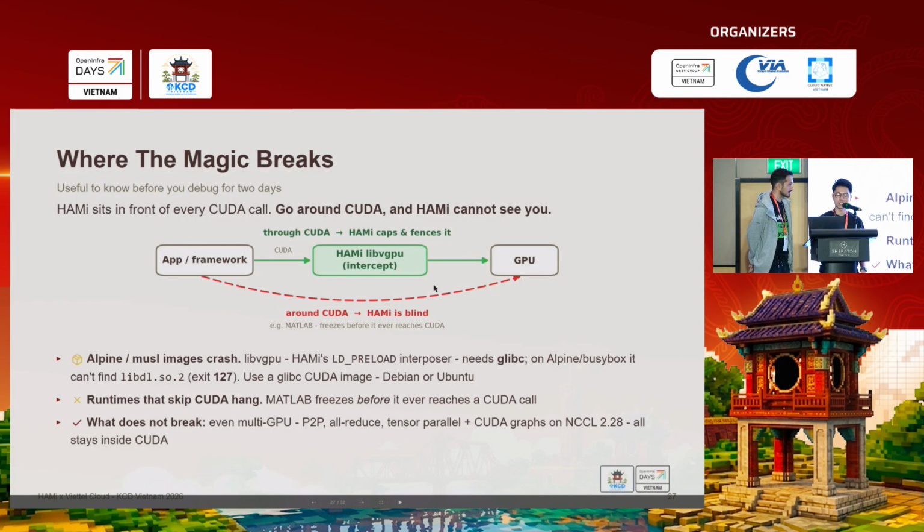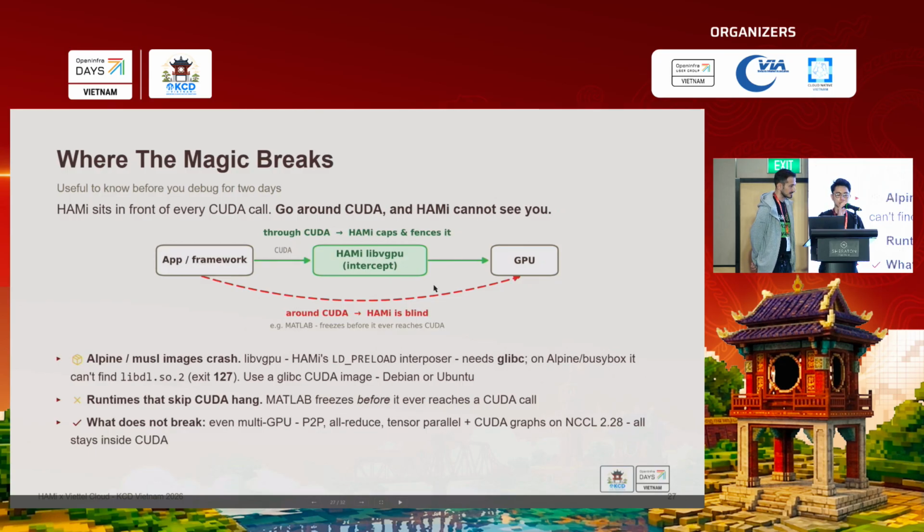The solution is to use a glibc CUDA image based on Debian or Ubuntu. MATLAB's runtime freezes before it even reaches CUDA code, so keep in mind that it will not work with MATLAB.